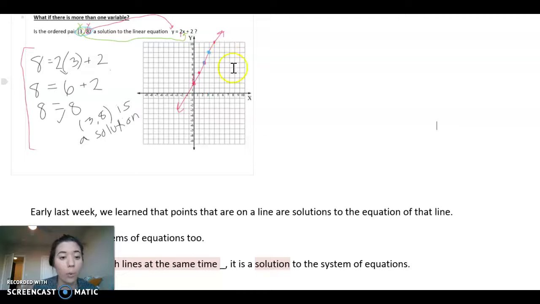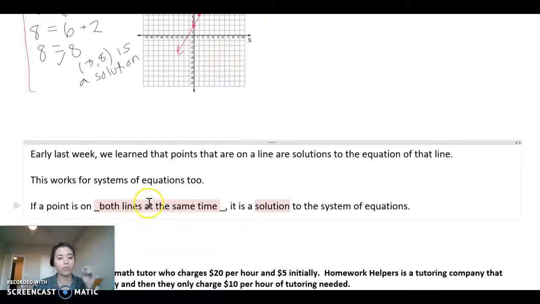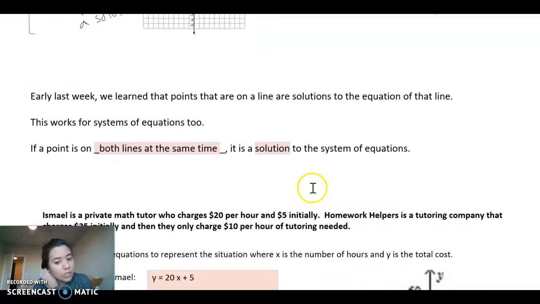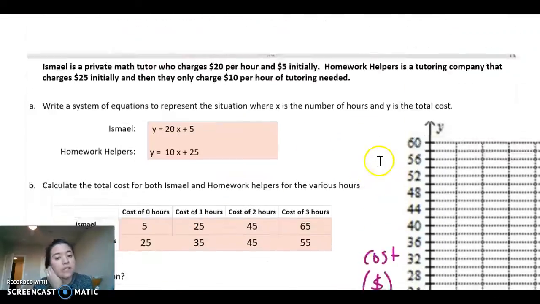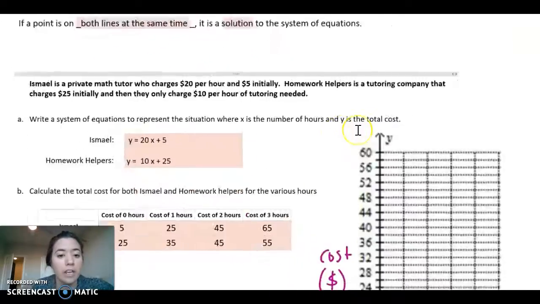So instead of having one point land on one line, we're looking for a point that is on both lines at the same exact time.